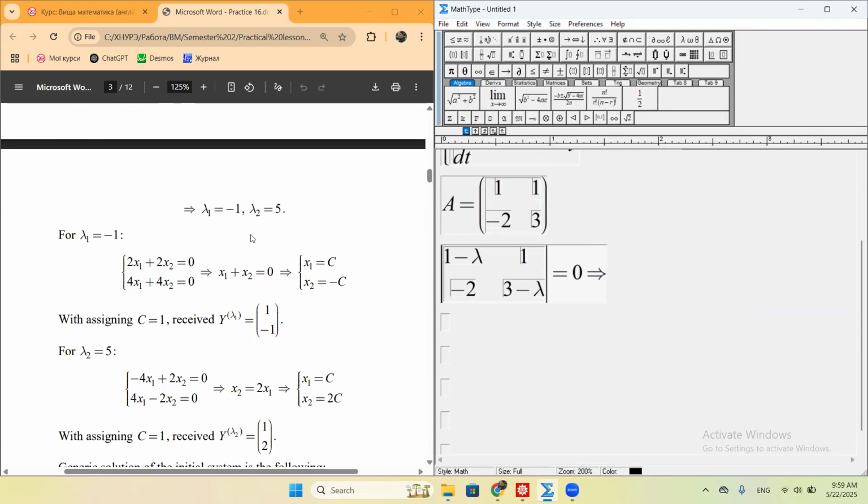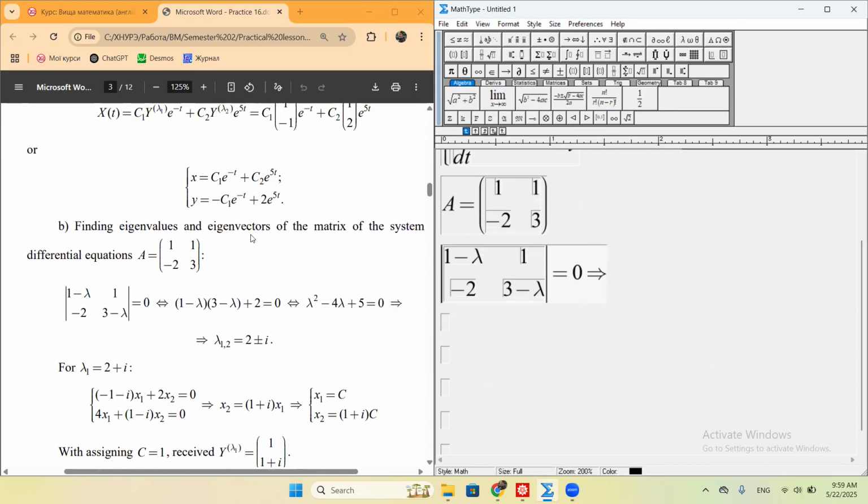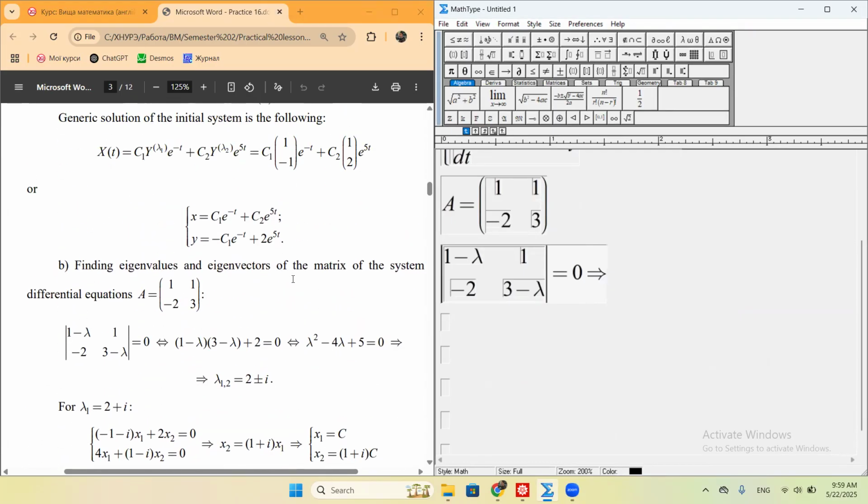I will just look into my notes, so we will skip this process. And what we will receive: lambda 1, 2 will be a pair of complex conjugate roots.